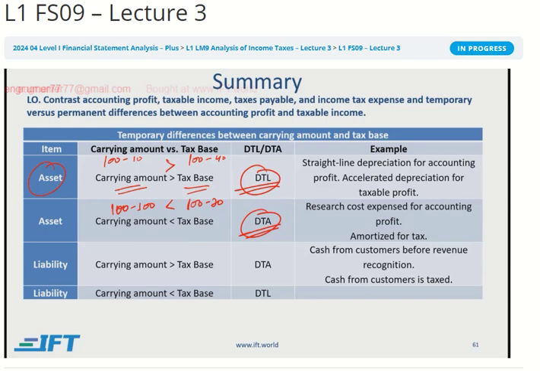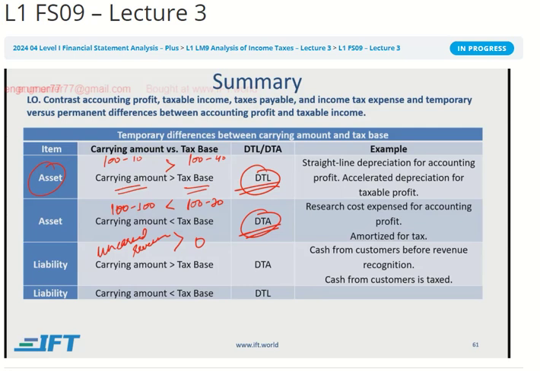In terms of your liability, let's talk about unearned revenue, right? Maybe you've got some money from your customer, you haven't realized that revenue yet because you haven't delivered the goods or services, but the tax authority has recognized that revenue and is not showing that liability.